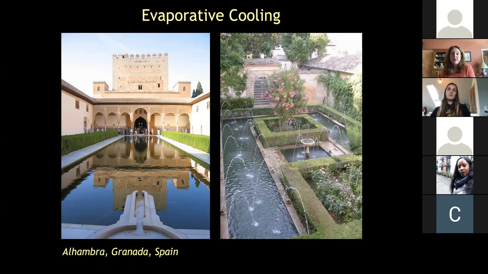In the right picture, when you have a fountain and you're spraying a fountain or mist into the air, the surface area is actually the additive surface area of every droplet of water. So spraying water into the air is going to be much more effective than just having a still pond.